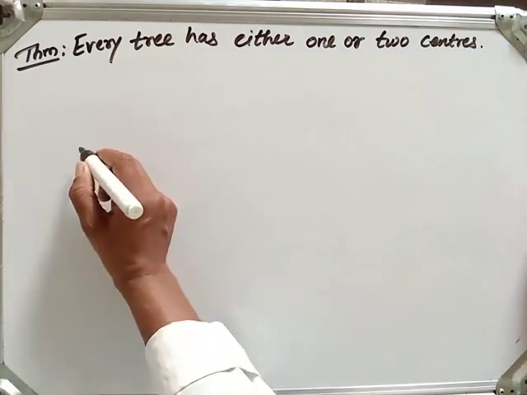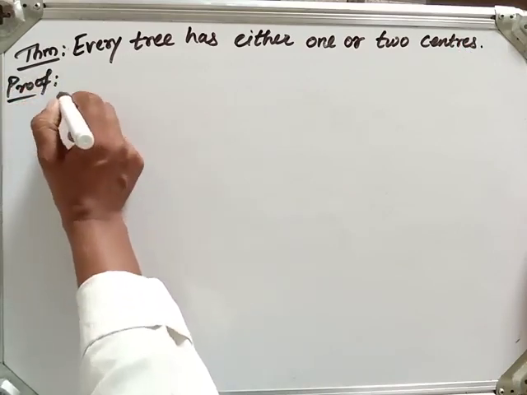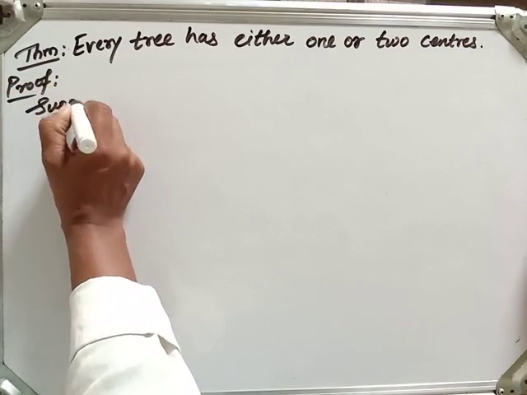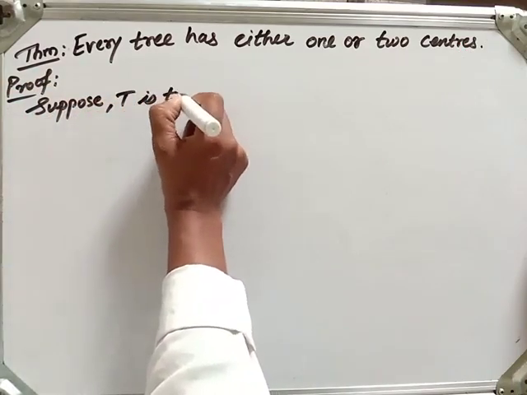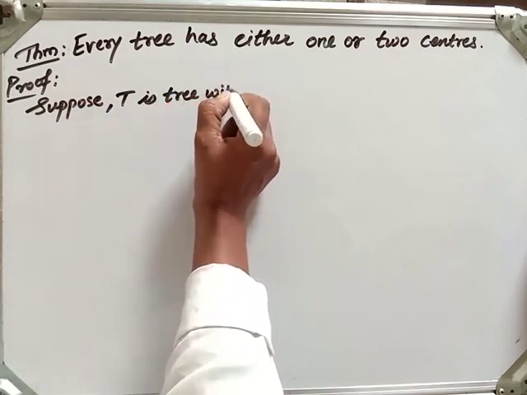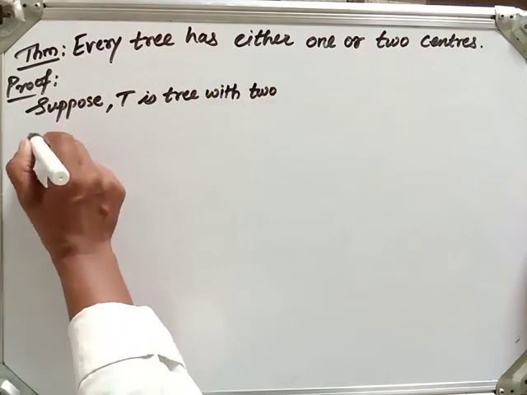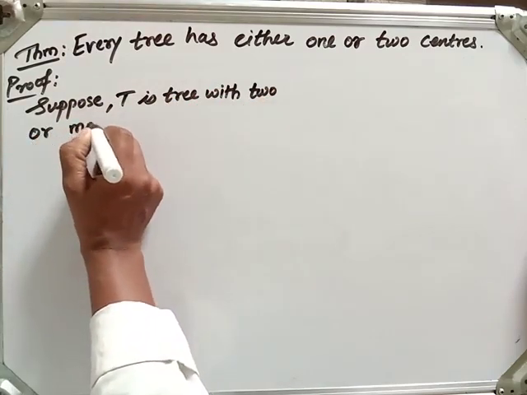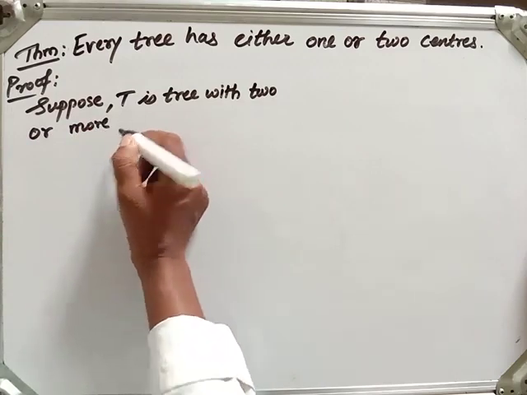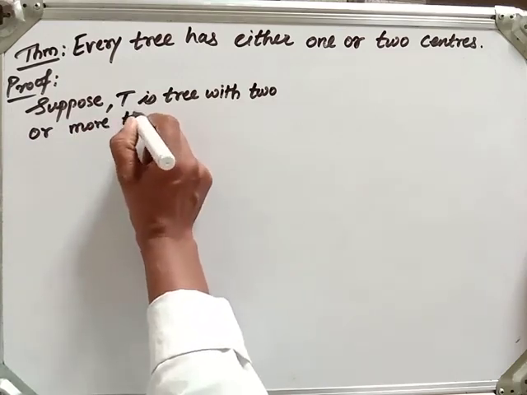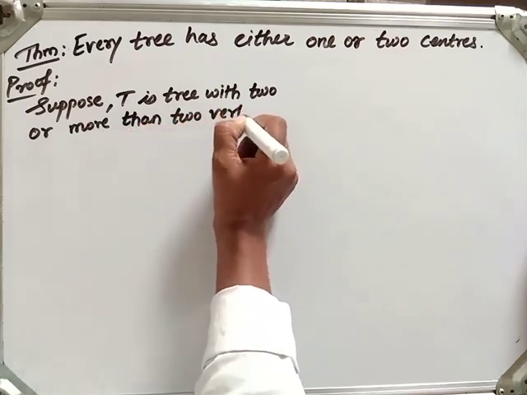Now let's see the proof of it. Suppose T is a tree with two or more than two vertices.